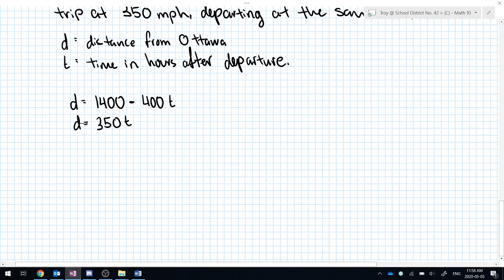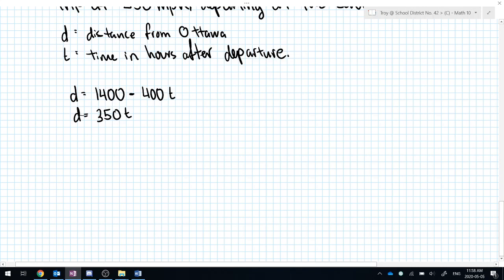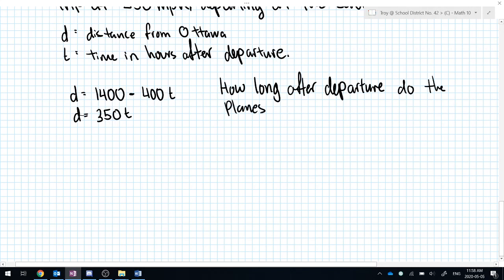And the question is, how long after departure do the planes cross one another? And how far away from Ottawa are they when this happens?